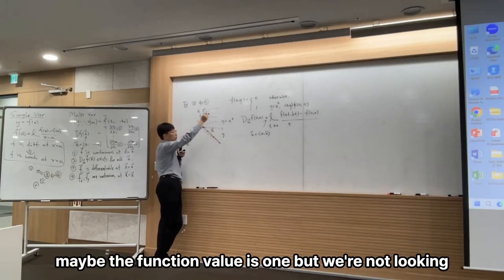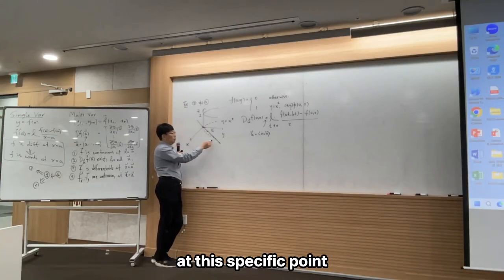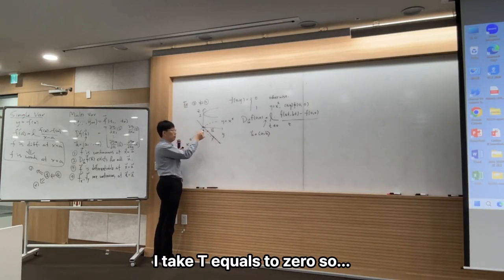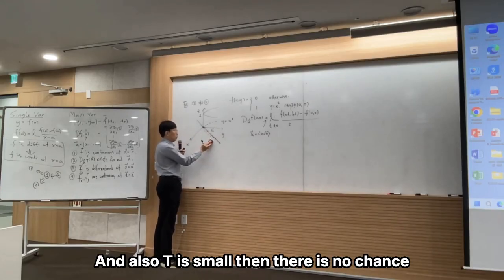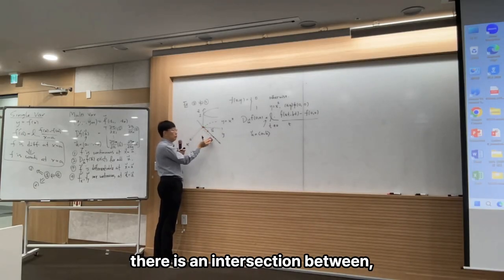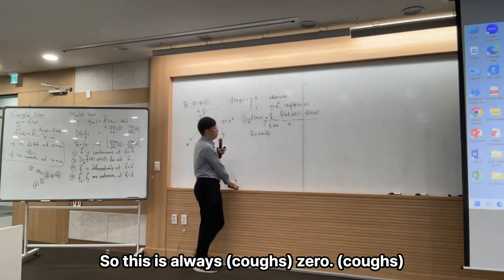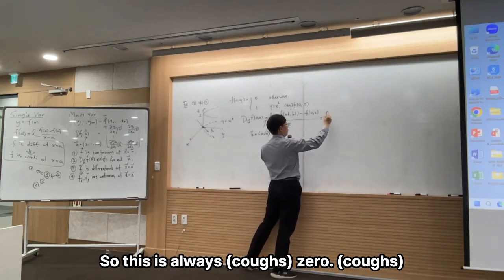So at that point, maybe the function value is 1. But we're not looking at this specific point when you take the limit. I take t goes to 0, and t is small, so there's no chance there is an intersection between the line and the parabola, right? So this is always 0.